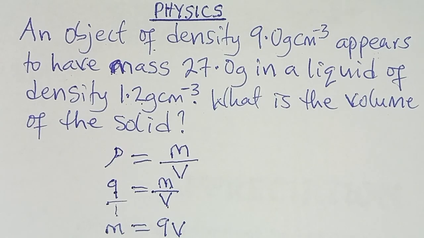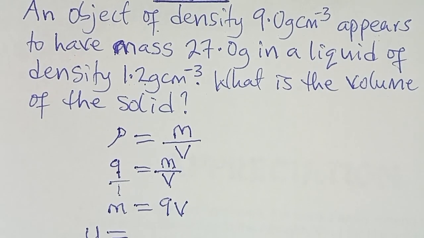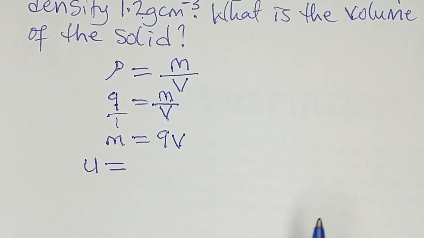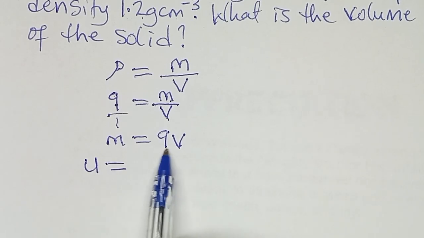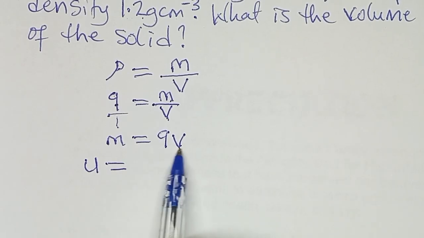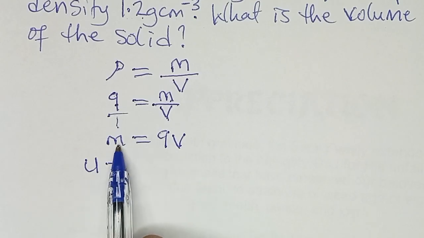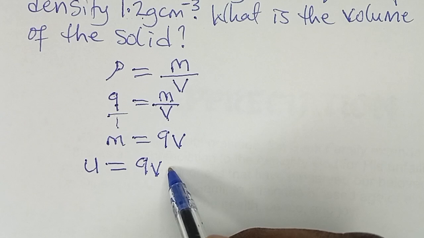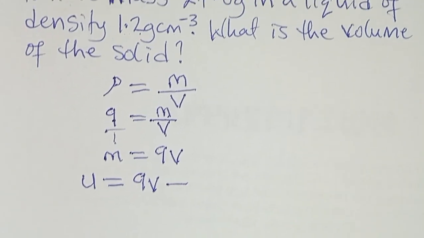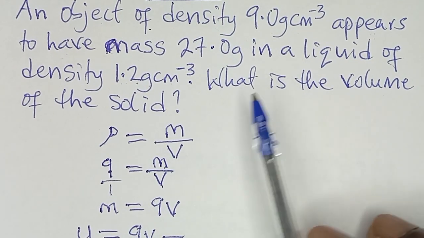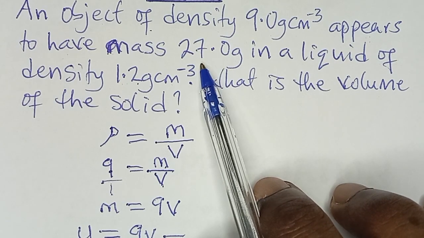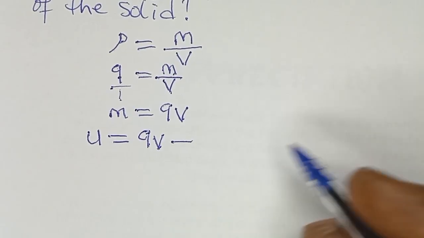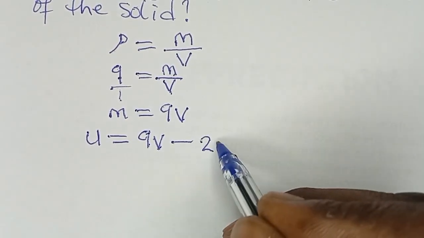Upthrust is the loss of weight or loss of mass of an object when it is immersed in a liquid. So the upthrust is the mass of the object in air, which is 9v, minus the mass of the object in the liquid, which is 27. 27.0 is the same thing as 27. So 9v minus 27 gives us the upthrust.